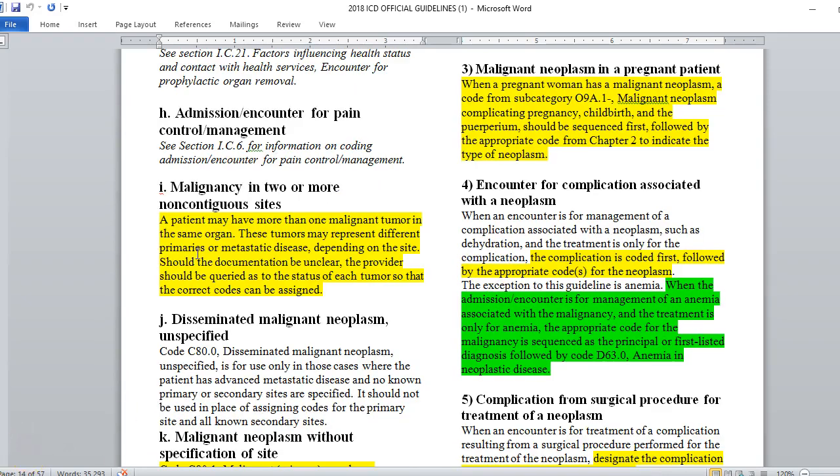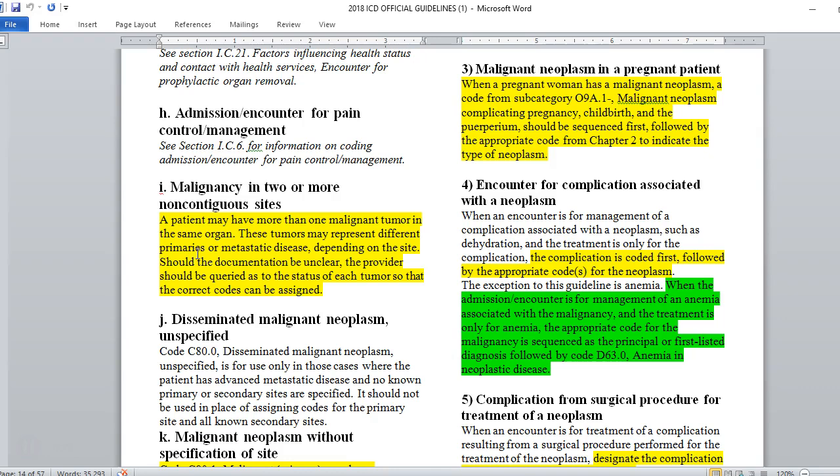So we do have this next circumstance. It comes up rarely, but it does happen. So when a pregnant woman has a malignant neoplasm, a code from subcategory O9A.1, malignant neoplasm complicating pregnancy, childbirth, and the puerperium, should be sequenced first, followed by the appropriate code from Chapter 2 to indicate the type of neoplasm. Now, you might be wondering, why do we put the pregnancy code first?